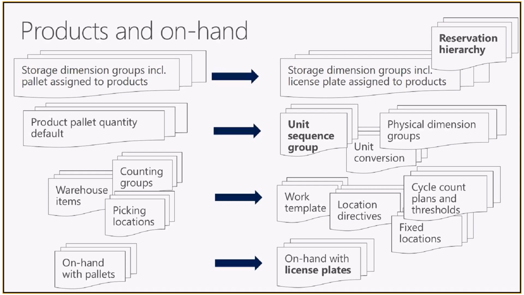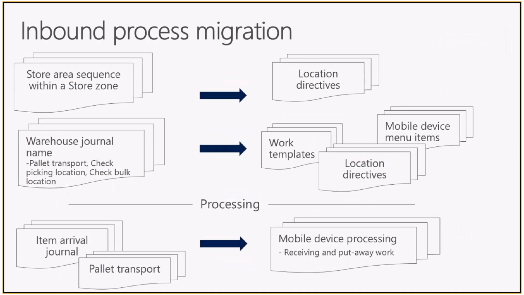For processing, if we take the inbound for 2012 on the left side here, you probably have, if you're running that, the item arrival journal. Here you control whether you use pallet transport for put away or not.